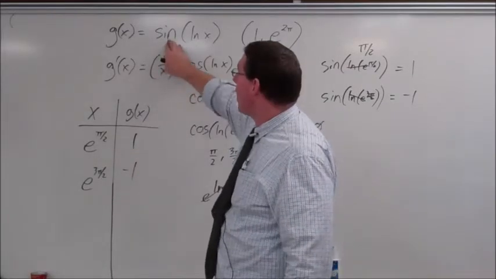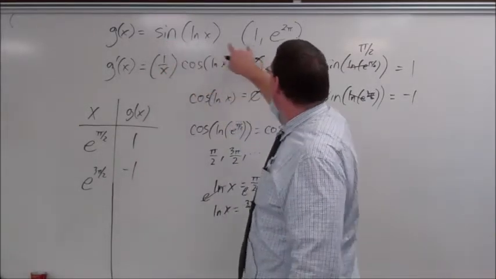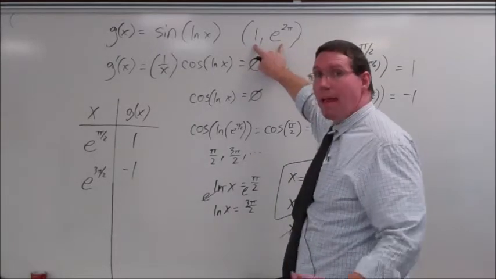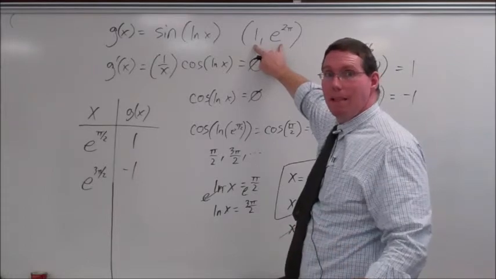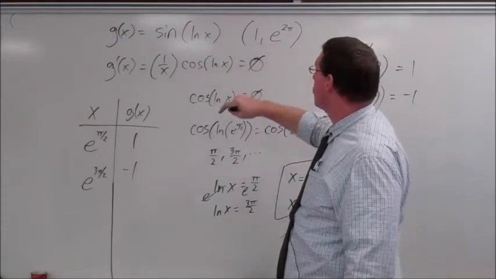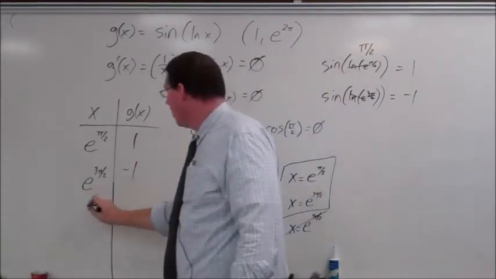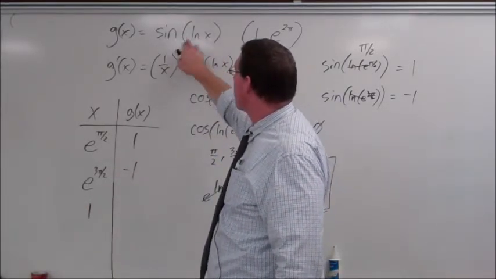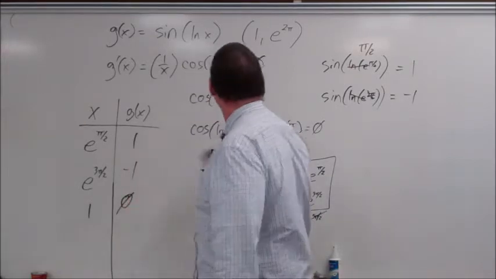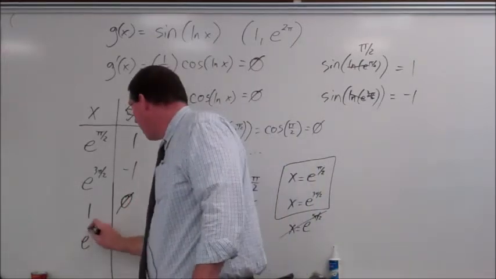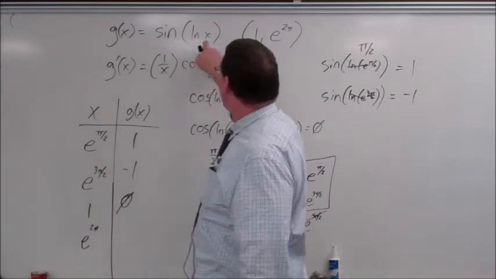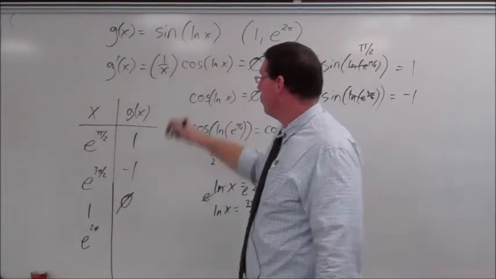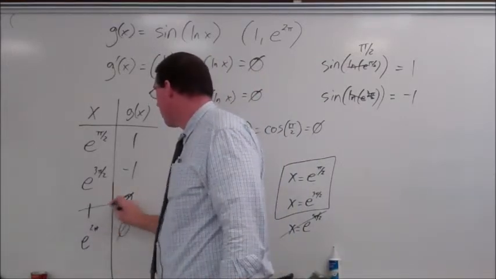But if you didn't know that already about a function, then you would have to plug in these, they're not endpoints, but the things that would be at the endpoints to find out if they're larger or smaller. If you did plug 1 in here, natural log of 1 is 0 and sine of 0 is 0. If you were to plug e to the 2 pi in, natural log of e to the 2 pi, natural log and the e cancel, and you have 2 pi, and sine of 2 pi is also 0, so it's irrelevant.